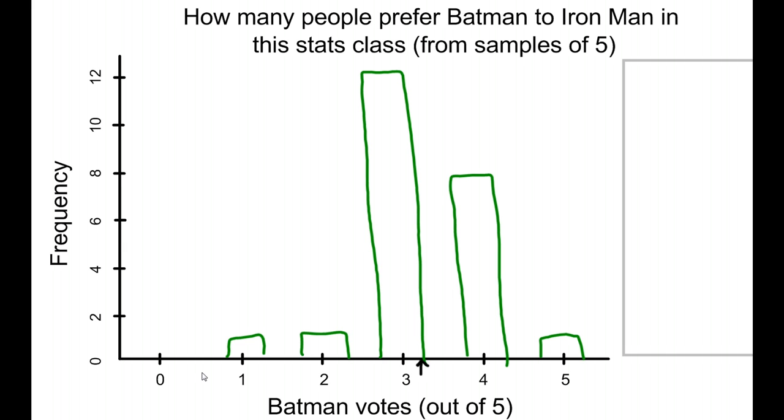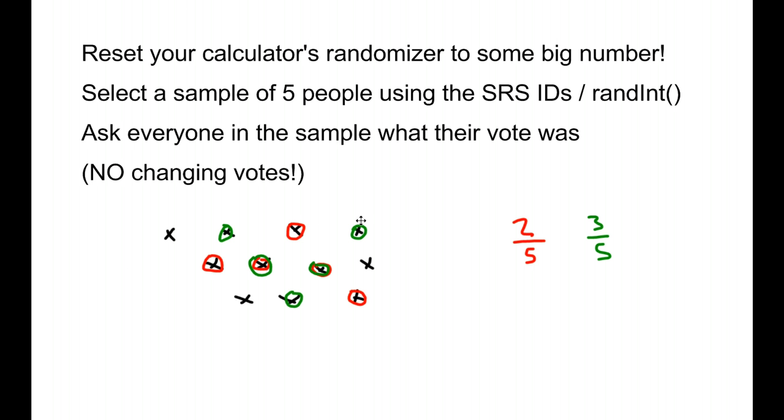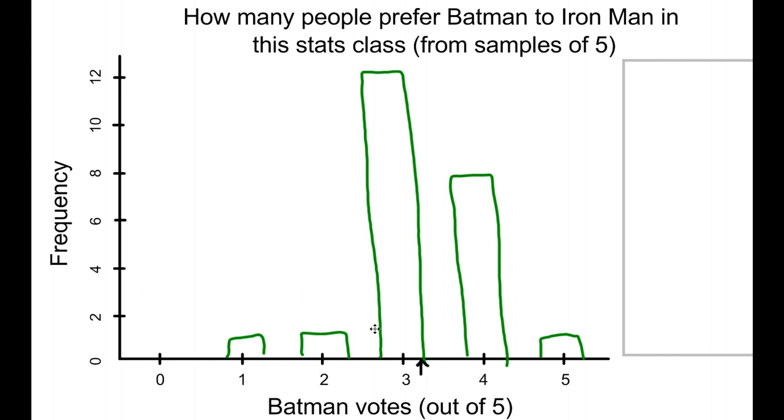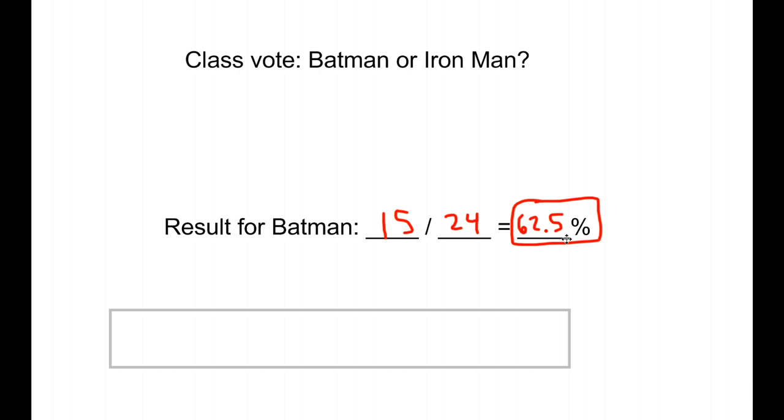So again, what this graph is basically showing is most people, when they did this little experiment, or at least a little over half the class, got 3 out of 5 people to vote for Batman from their totally random sample. Remember, we just randomly picked 5 people and asked them, and most people said 3. And that's actually a pretty reasonable guess, because we said that 62.5% of the population voted Batman.